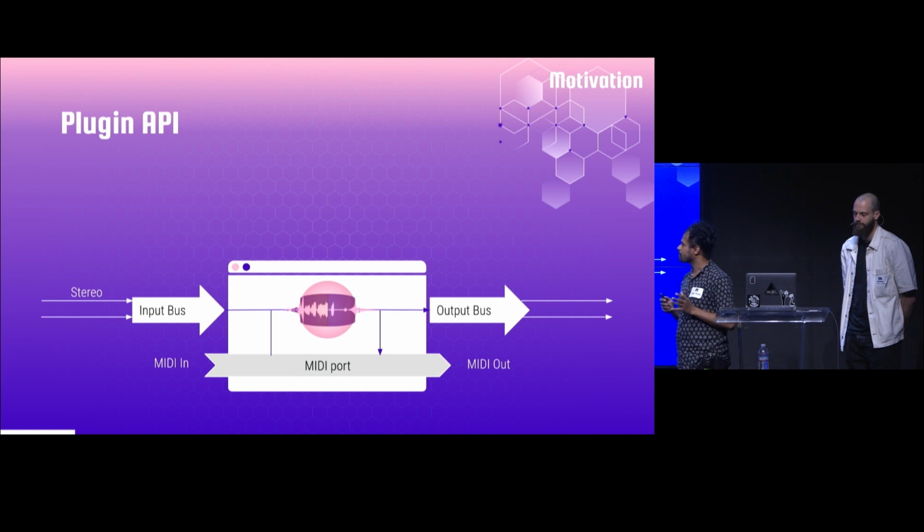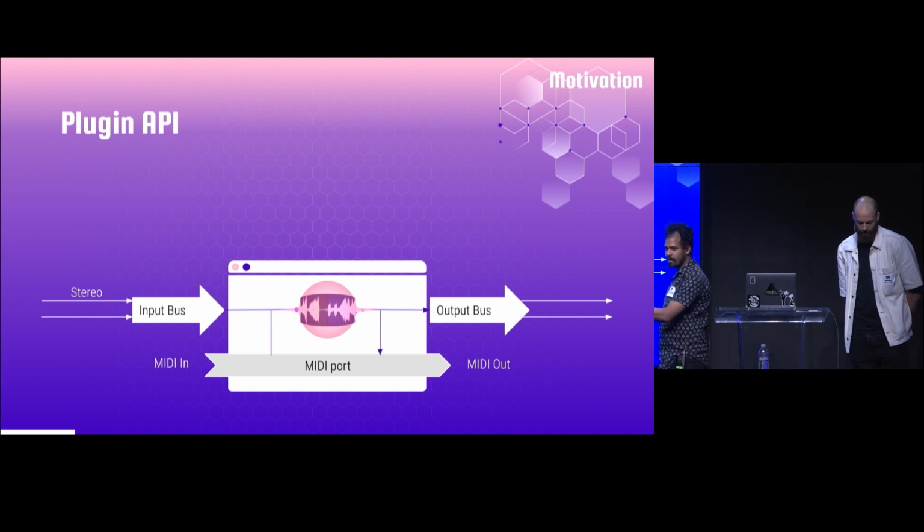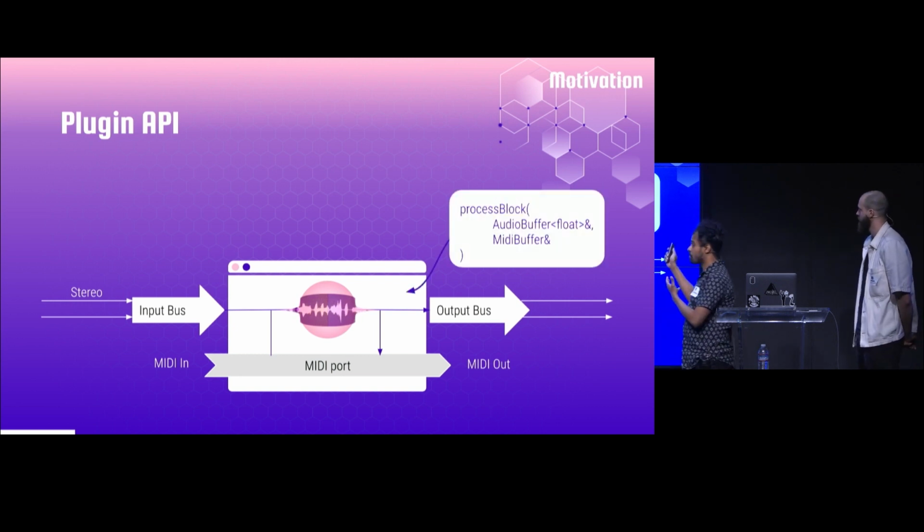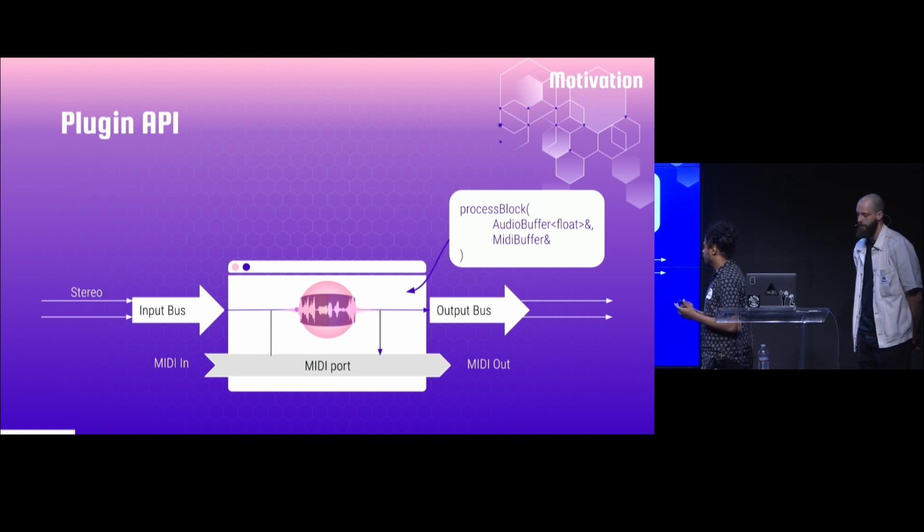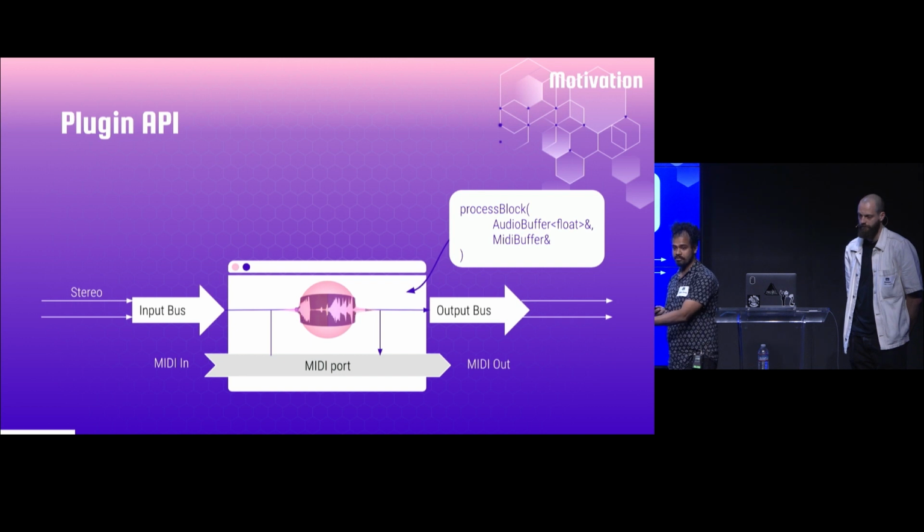So first, to lay the groundwork, I want to just visualize our plugin API. We're very familiar with this. This is a process block. We have an audio buffer, which can have input buses, output buses, multiples of them, where we represent our audio channels, which pass through the plugin. There's also a MIDI port, which provides us access to where we can write MIDI buffers to send the data out.